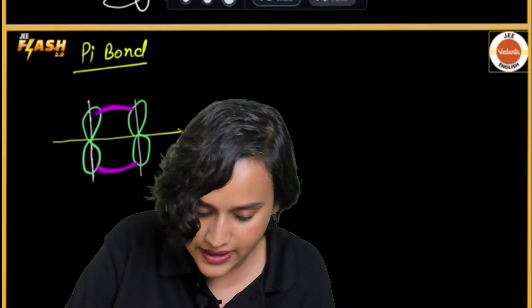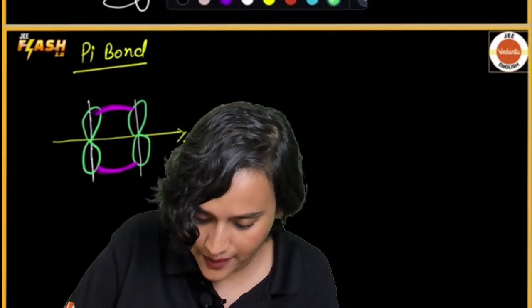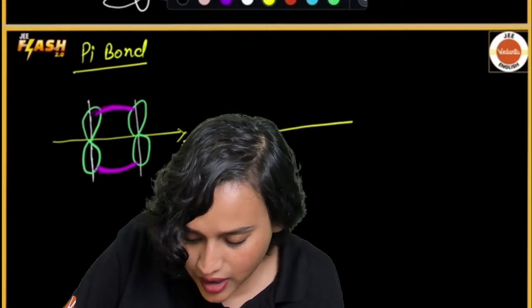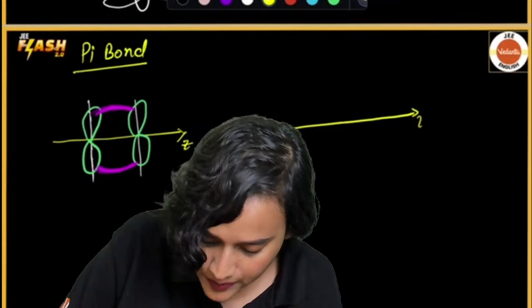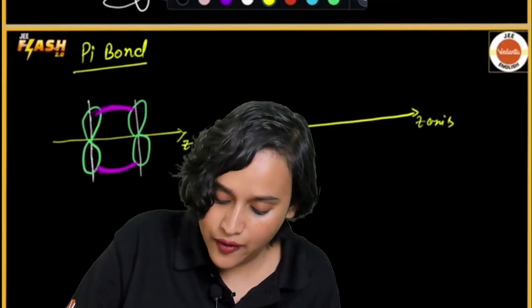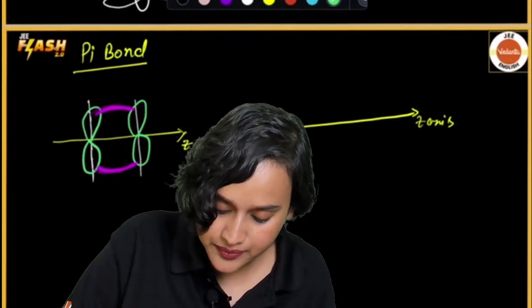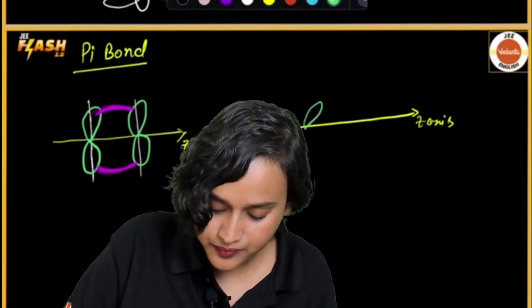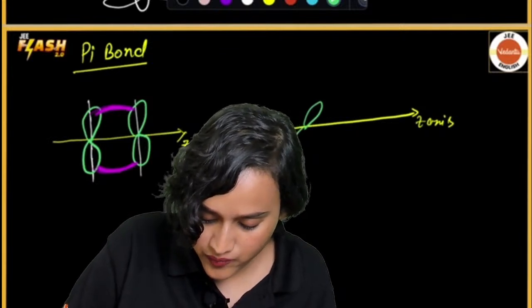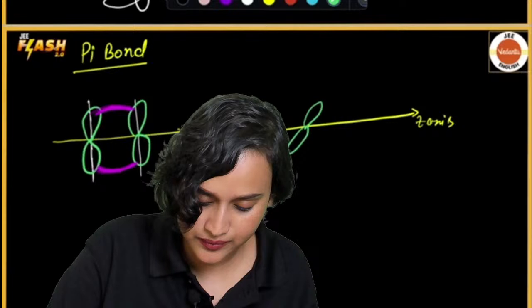Let's go back here. Let's say that here we have a z axis.